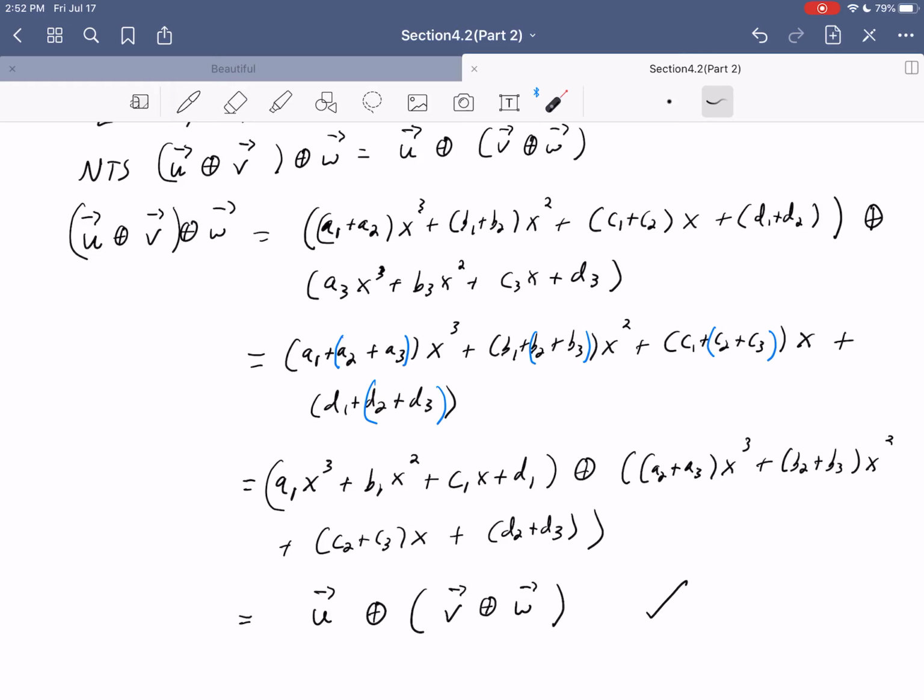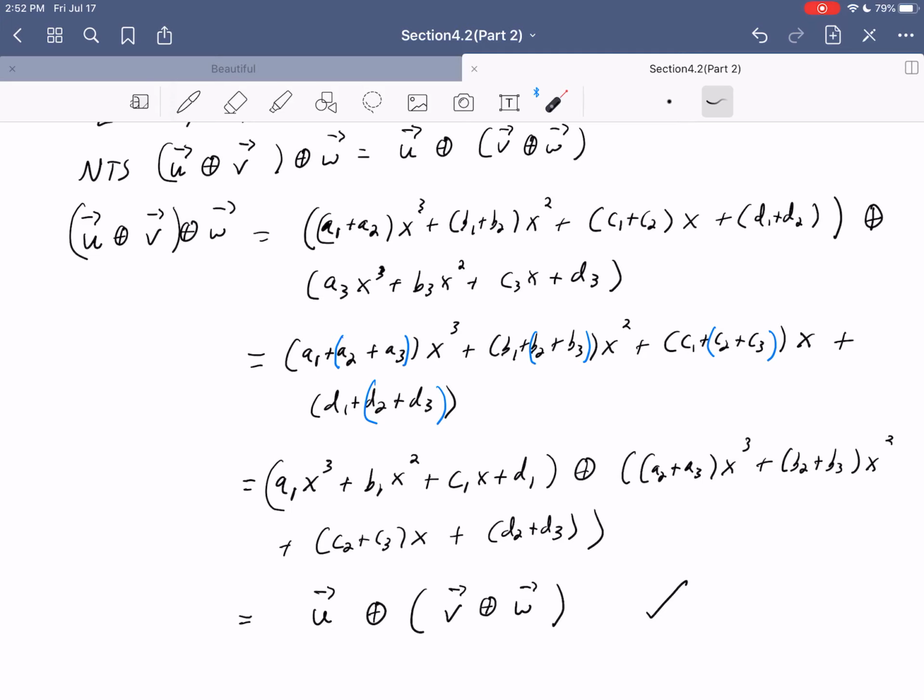So, of course, if normal addition is associative, so is adding polynomials. But this is just a formal way of proving that. Later on, when we have non-standard operations, doing this sort of work is going to be much more important because we won't just be able to rely on it acting like normal addition. But for right now, this is mostly just trying to get you used to the notation of writing this out.